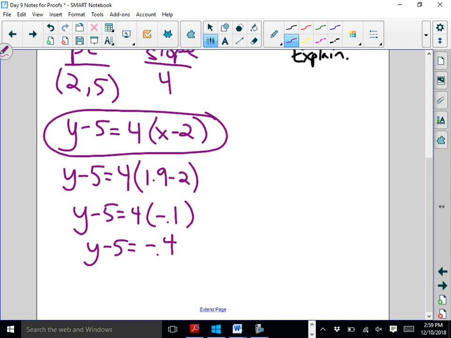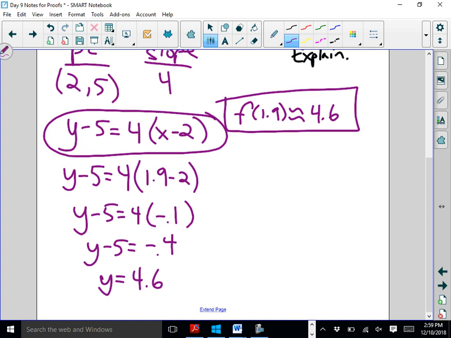I add 5 to negative 0.4, and I get y equals positive 4.6. So right away I can say f of 1.9 is approximately 4.6. So that answers part 1 of the question.